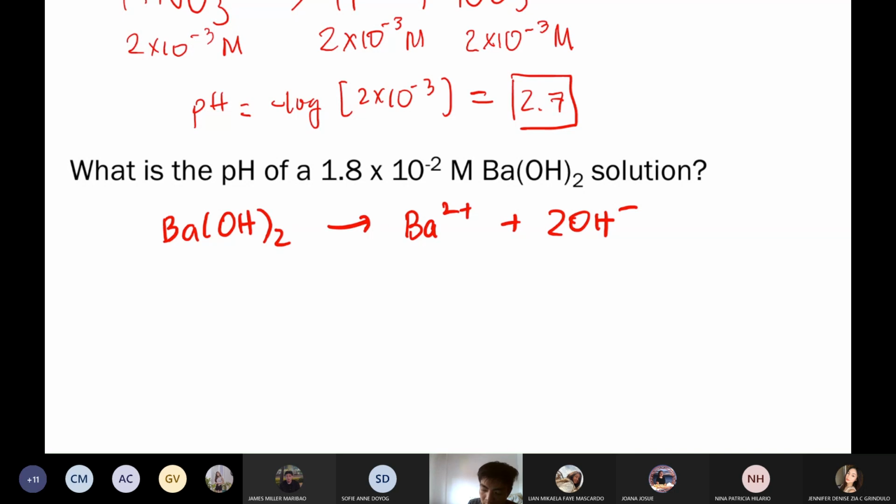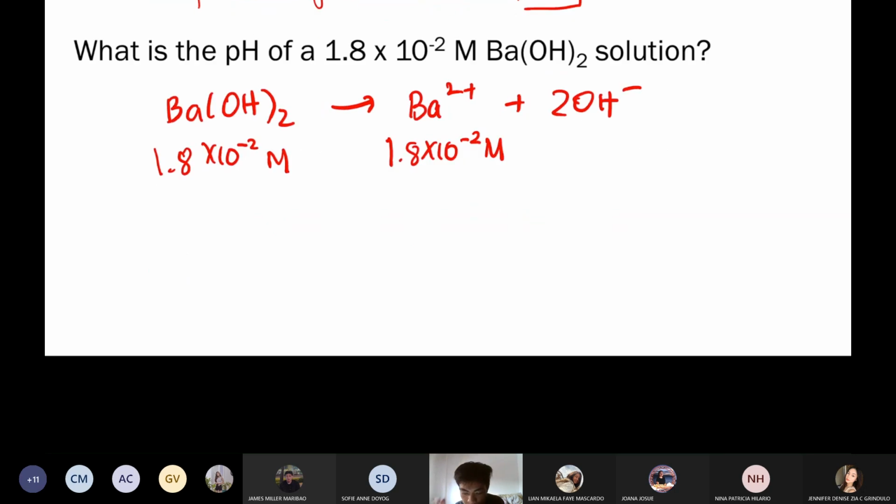If we have 1.8 times 10 raised to negative 2 molar of this, stoichiometrically, barium ion concentration is 1.8 times 10 raised to negative 2 molar. How about the OH minus? Ano yung total concentration niya? Since we have a coefficient equal to 2, we have to multiply the original concentration by 2. So, i-multiply natin siya, times 2 natin yan.